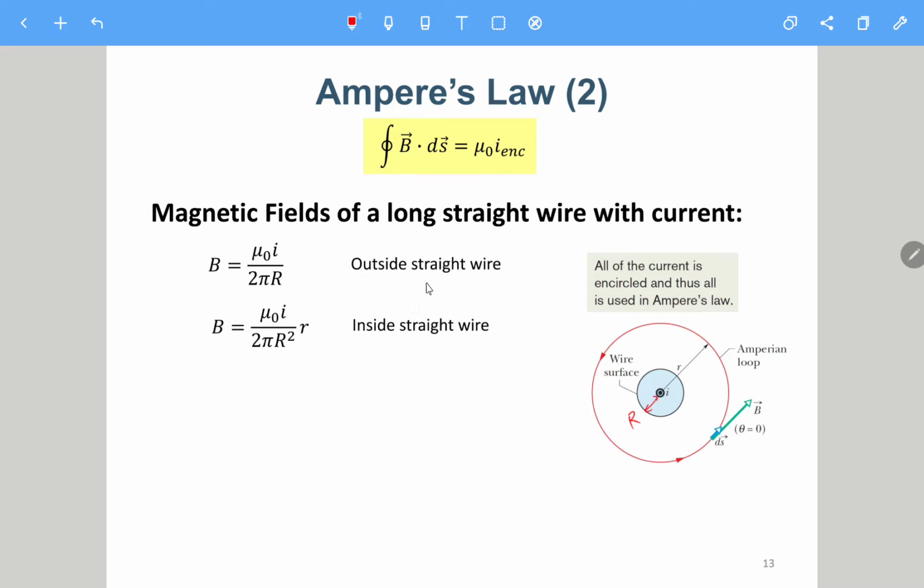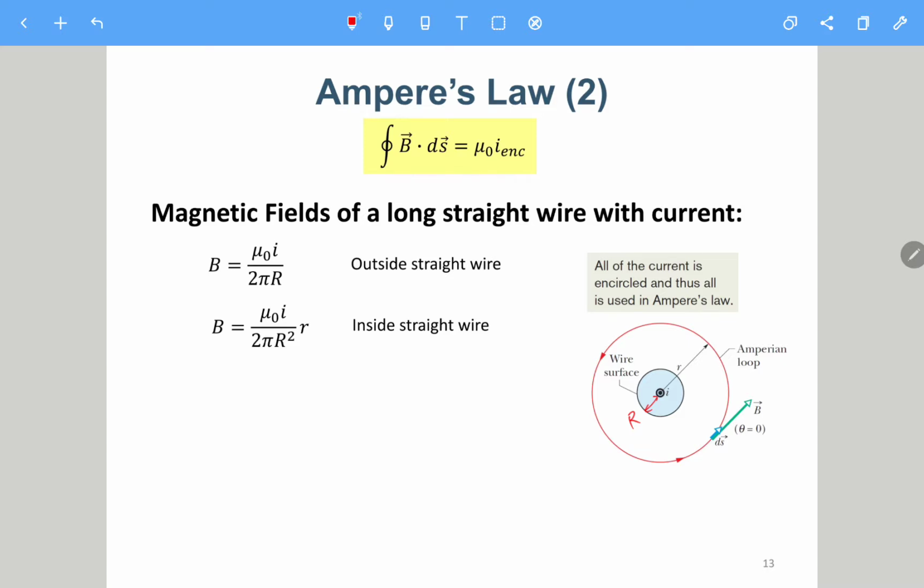For the outside part, it looks familiar because it is like the thin wire generating the magnetic field, because for a thin wire, all the points are outside the wire. So we can simply use Ampere's law to get this proof.